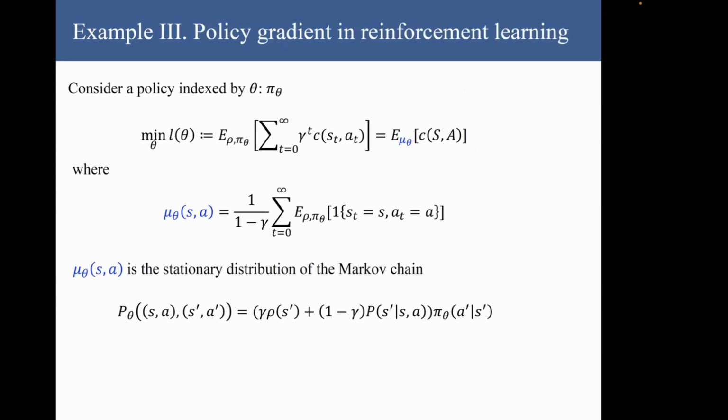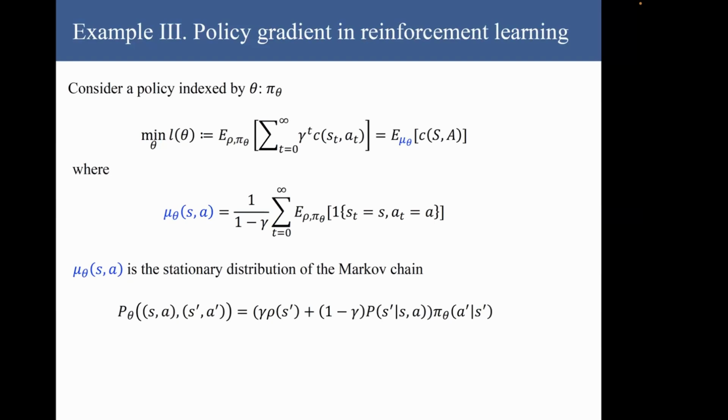Now, the last motivating example is policy gradient in reinforcement learning. Here I'm going to consider the setting where my goal is to minimize the cumulative discounted cost over time. So gamma is the discount factor, and C is the cost I incur in each period. The C depends on where I am, my current state S_t, and what action I'm taking in each period, A_t.